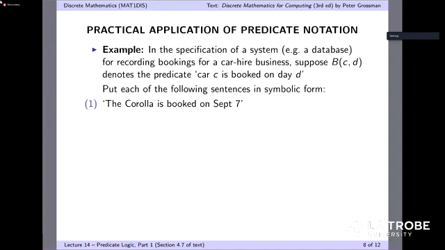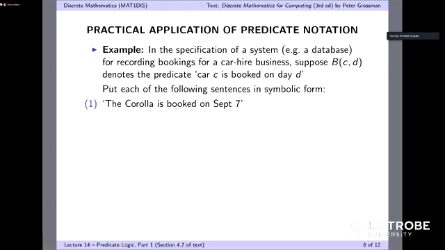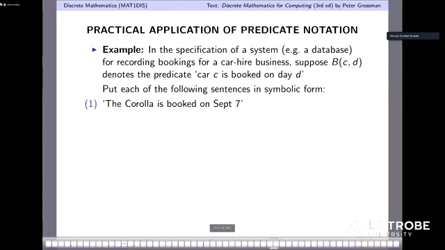Okay, so how I would write the Corolla is booked on September 7, basically this is simply B of Corolla, September 7. Simple as that, because there are no other statements at all.